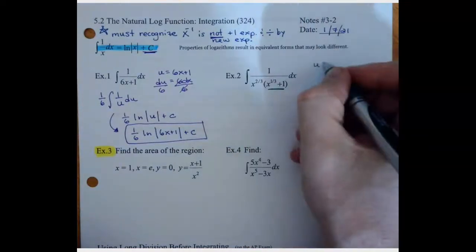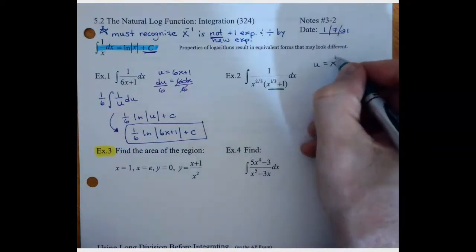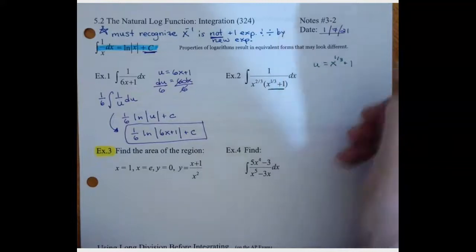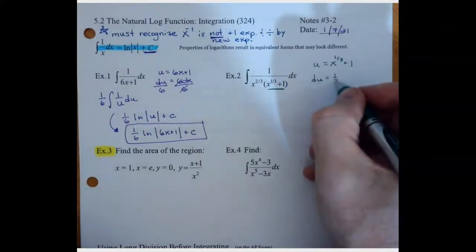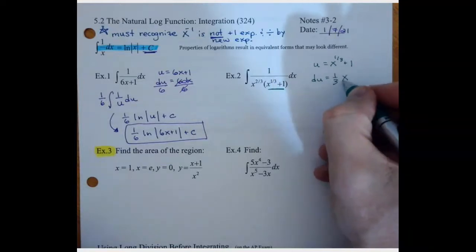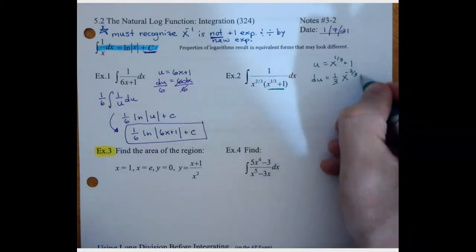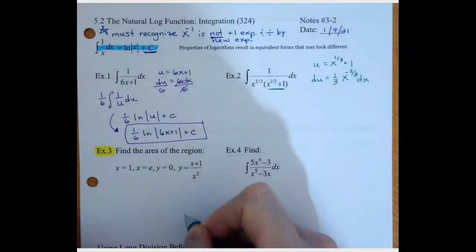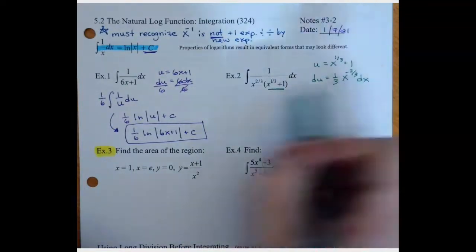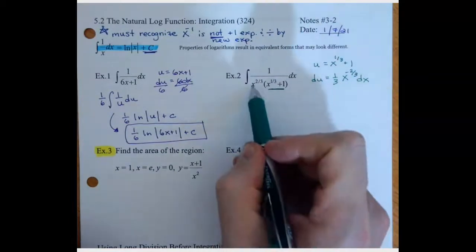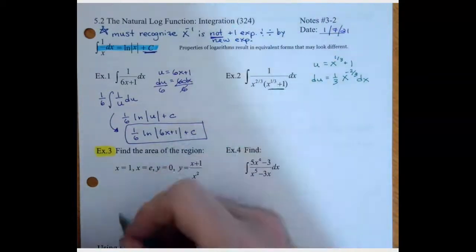So maybe u will be x to the 1/3 power plus 1. So du is going to be 1/3 x to the negative 2/3 power dx, subtracting 1 off the exponent there. Now, actually, x to the negative 2/3, that works out perfectly. It's right there.